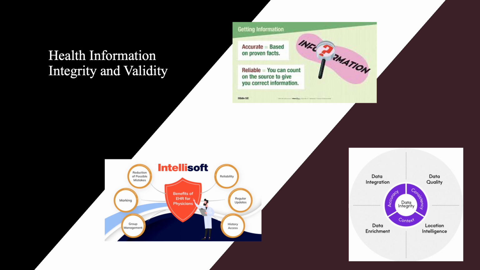The role of electronic health records, also known as EHRs, is that EHRs have a crucial role in maintaining data integrity and validity. Also, EHRs provide a way of storing and accessing patient information, reducing the risk of errors and discrepancies, and they also have features such as audit trails and data validation mechanisms that can help ensure the accuracy and reliability of health information.